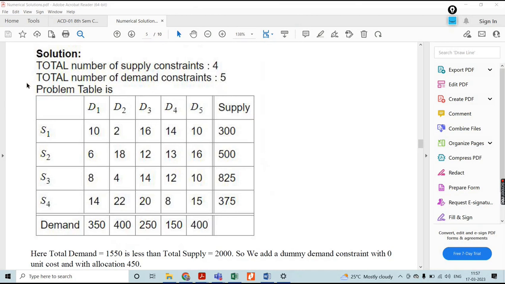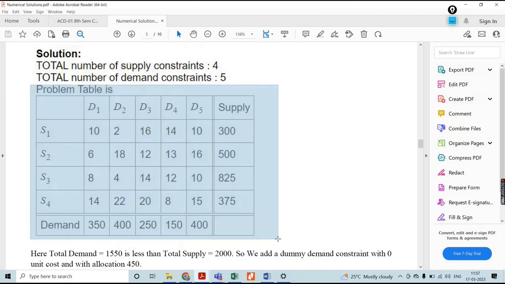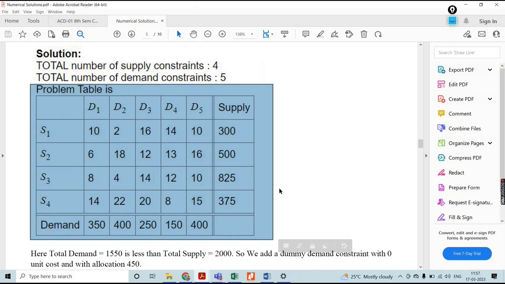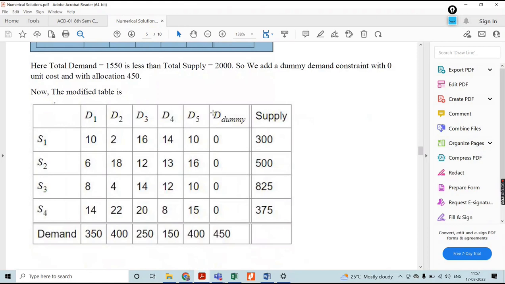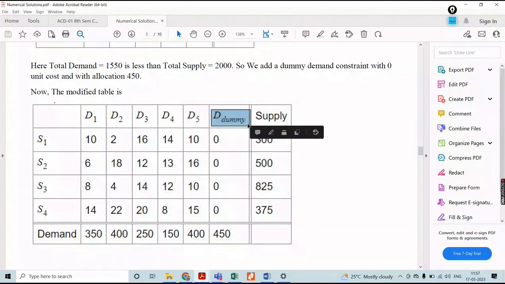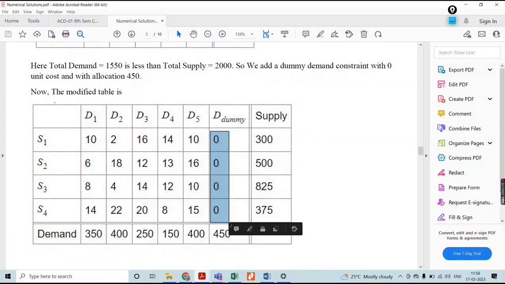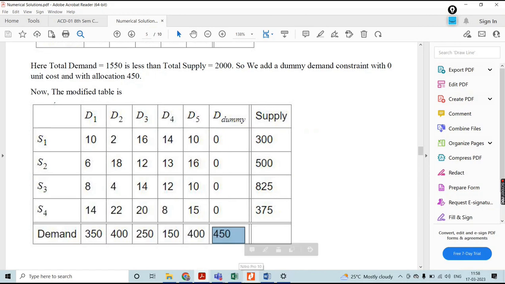This is the actual table given for the solution, but we found it is unbalanced. What do we need to do? We have to balance it by adding a column, that is D6. This is a dummy column, and in this dummy column all the transportation costs are 0. Then what quantity do we need to match? 450. Now the sum of this is 2000.